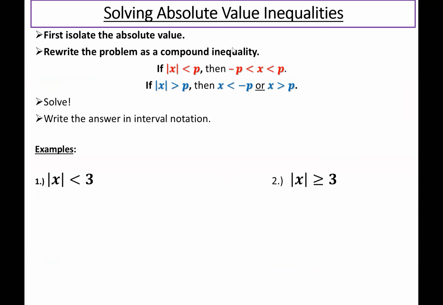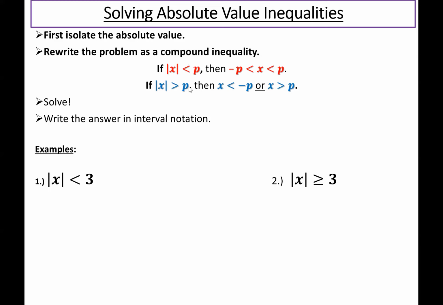Okay, so we have our steps kind of summarized up here for solving absolute value inequalities. First you want to isolate the absolute value. We've done that before. You will rewrite the problem as a compound inequality. So it's going to be one of these two situations. If you have less than, then you're going to go in between your endpoints.